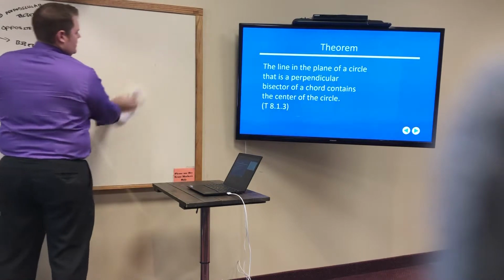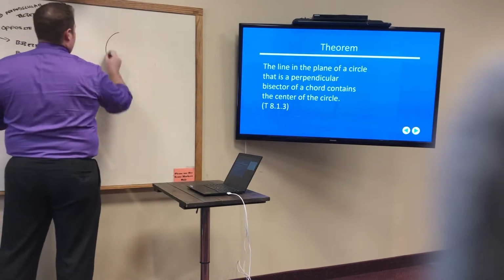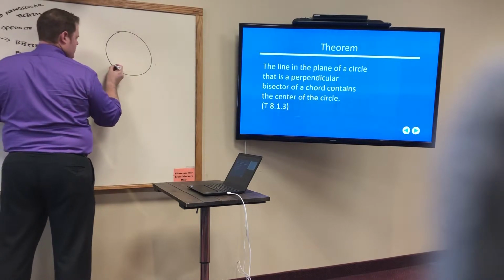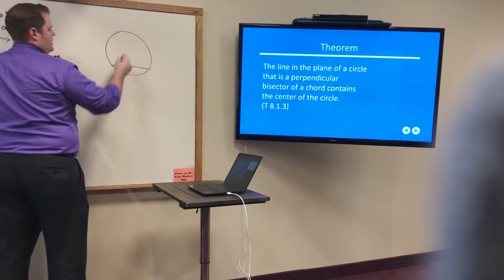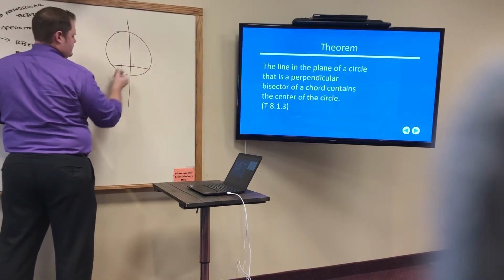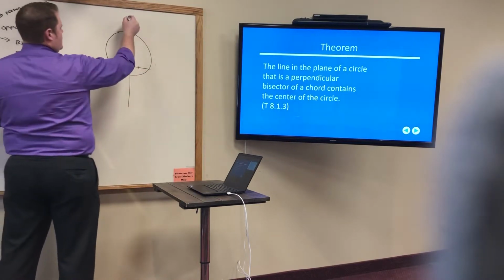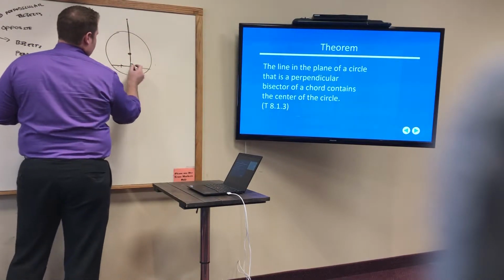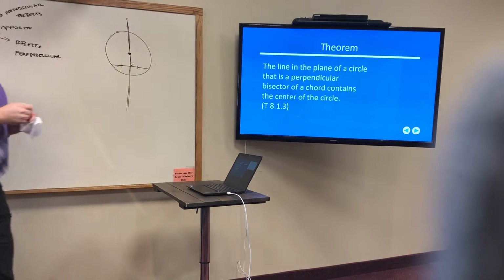Alright, so I have my circle. It says it has a line that is, think about that, perpendicular and bisects it. What are you going to know about this line that's perpendicular and bisects? It's going to have to do what? Go through the center.